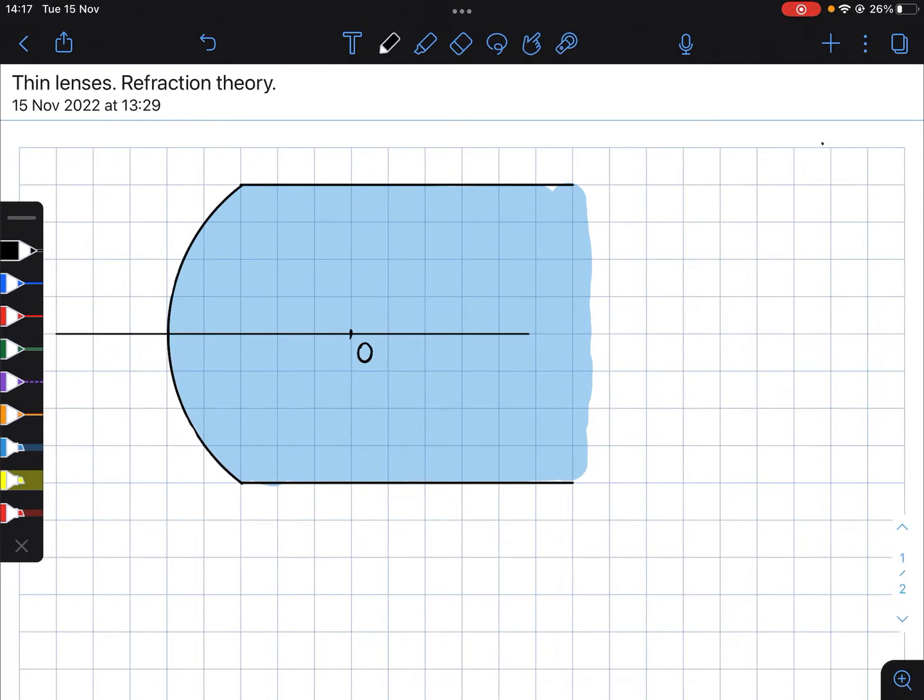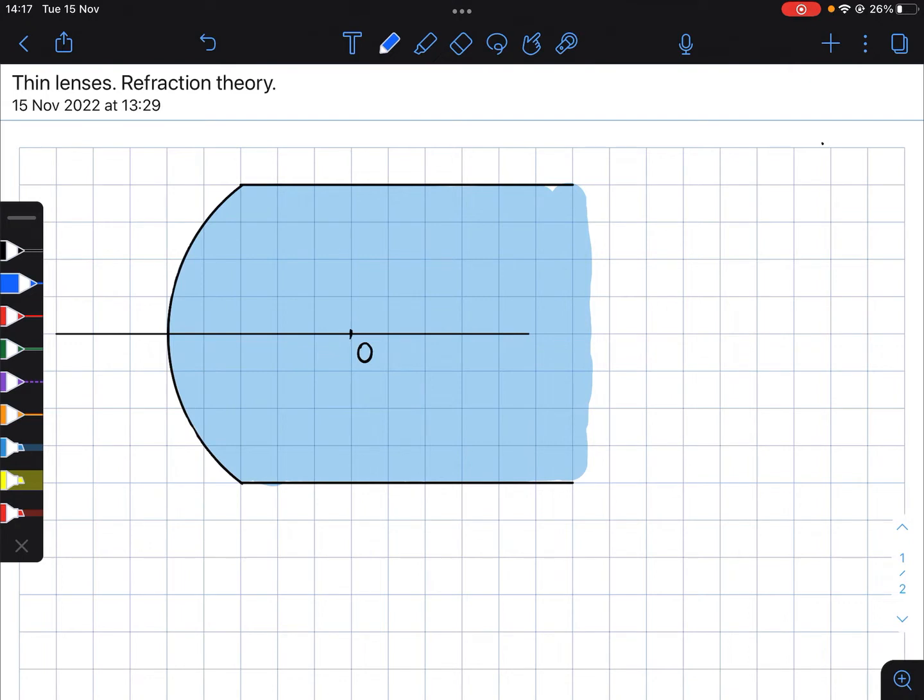The radius of curvature of this surface is known, it's equal to r. Now let's draw a ray that is parallel to our main optical axis.